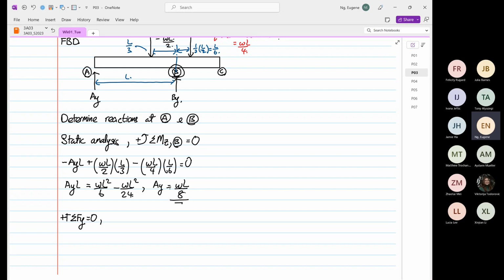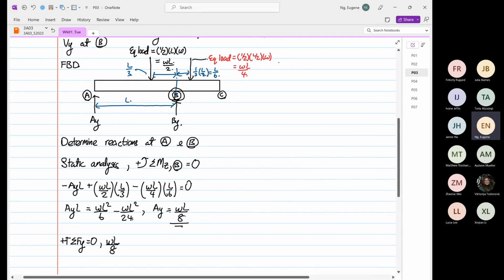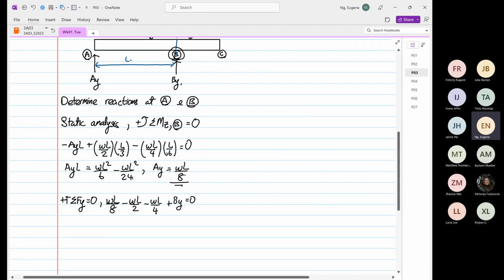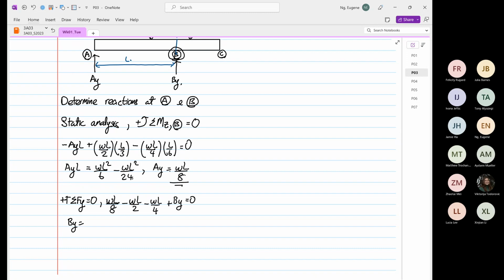So we have omega L over 8 minus, so it's coming down, omega L over 2, minus omega L over 4, over 4, not over 6, over 4. And then we have plus BY. The whole thing is equal to 0. So therefore, BY is equal to a half plus a quarter minus 1/8, which is 5 over 8.